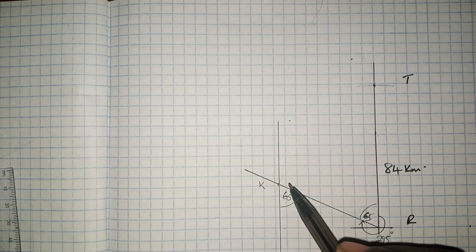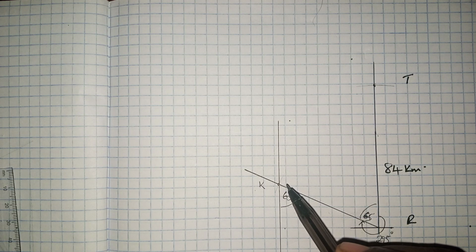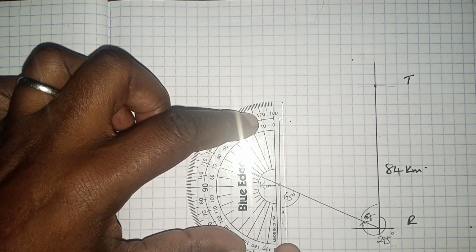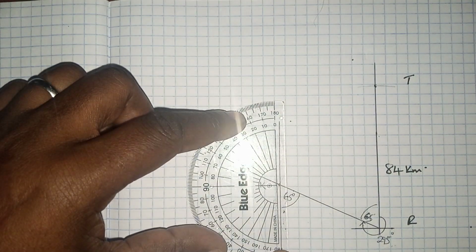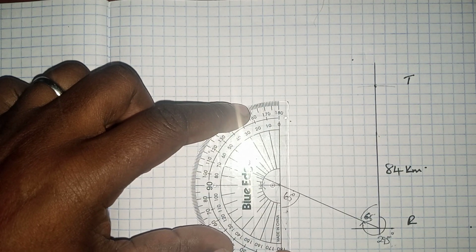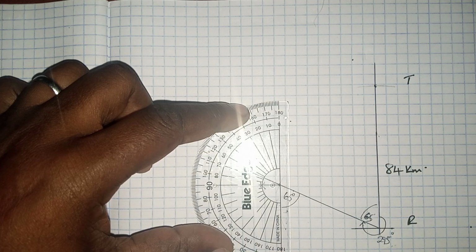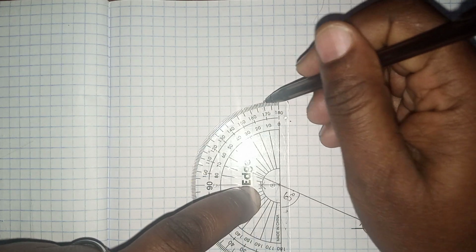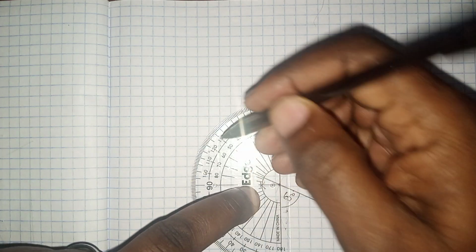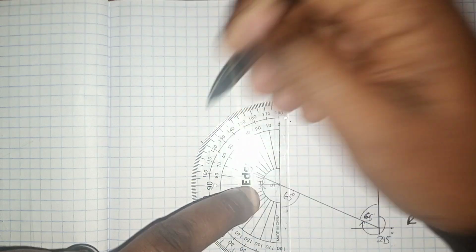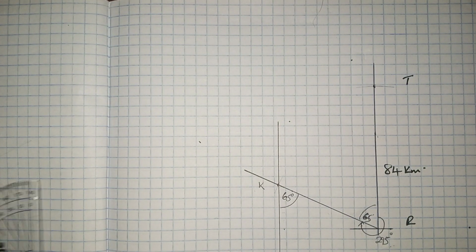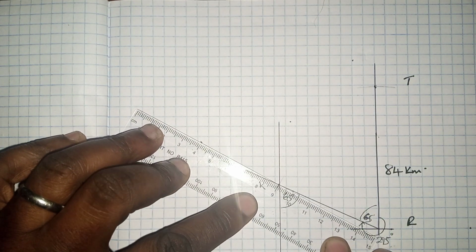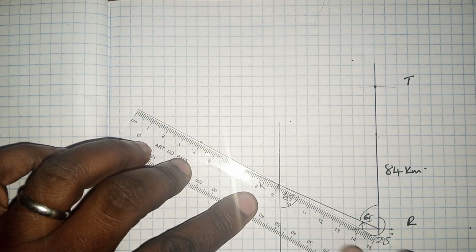So from the true north, we are told that G is on a bearing of 300 degrees from K. Let us talk about 300. 300 is 60 away from 360. So we can actually measure 360 from the opposite direction and locate our 300 degrees from there. So 10, 20, 30, 40, 50, and 60. There we go. That is our 60.